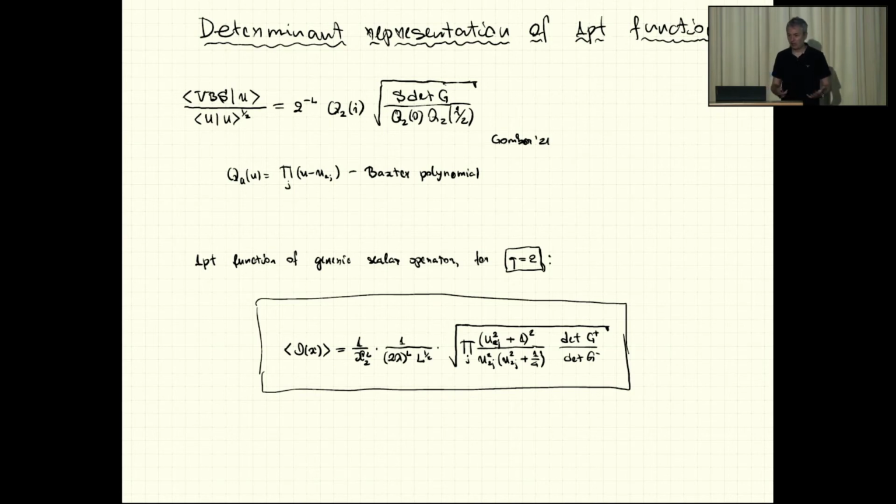So the overlap formula was actually known. It was derived by Gombor. It contains a superdeterminant and then a product of some Q functions of the spin chain, and they simply come about from the scattering phases of magnons that interact with the defect.